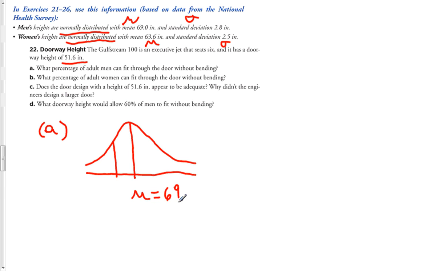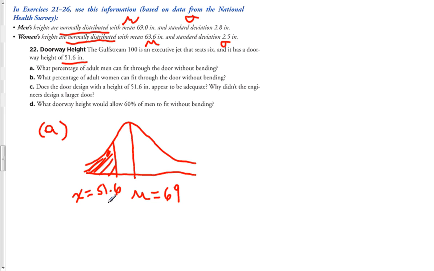So x is equal to 51.6, and we're looking for the area to the left of 51.6. So we're looking for this area over here. The mean is 69, and we're looking for the area to the left of 51.6.